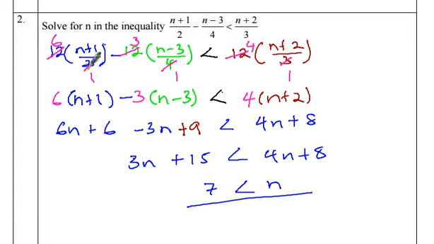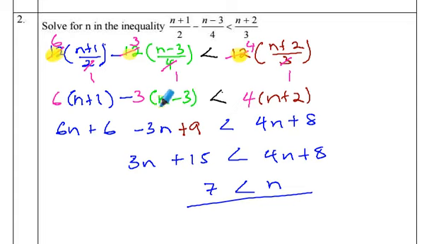The LCM is 12. I multiply it by each and every term. Since it's the LCM, I can now divide: 12 by 2 gives 6, 12 by 4 gives 3, 12 by 3 gives 4. That gives us this simplified step where we do not have denominators.